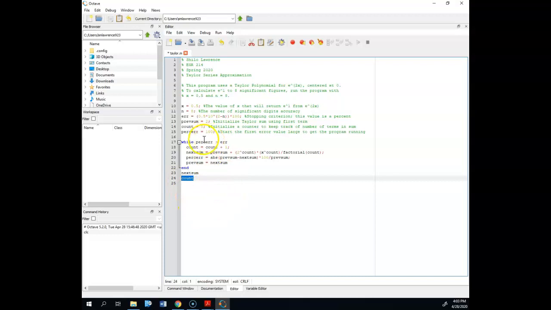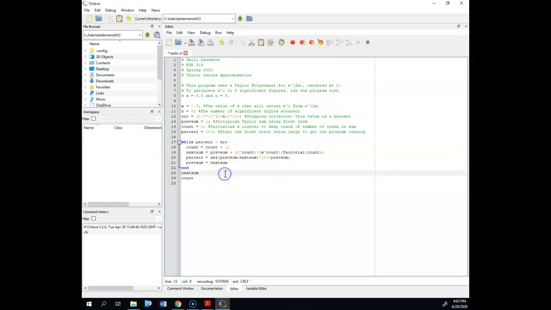But if our percent error is still fairly large, really anything larger than the acceptable error that we programmed in here, it's going to do this over and over and over again. It's going to go on to the second degree term, and it's going to take the first partial sum and add in the second degree term and calculate a new percent error and replace the previous sum with our new sum, and then check again.